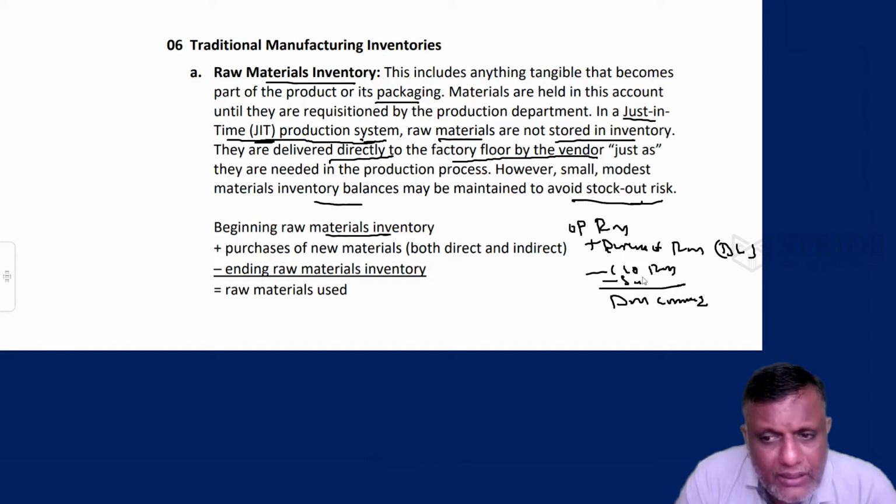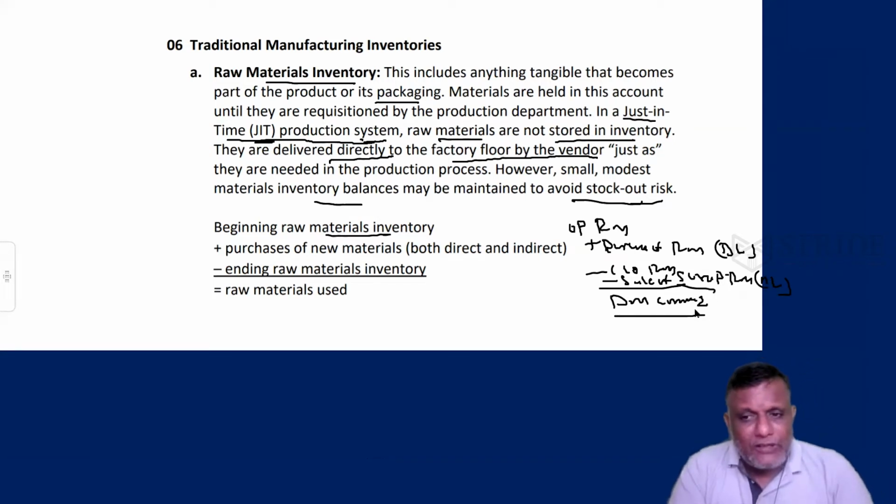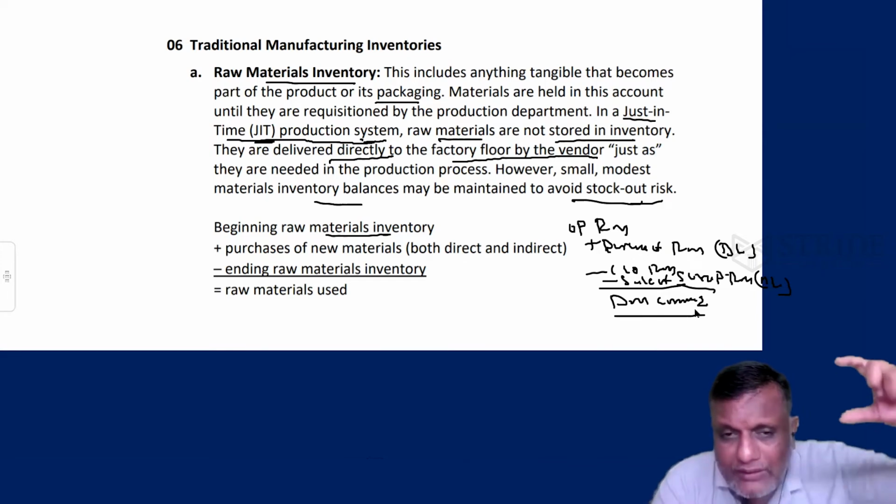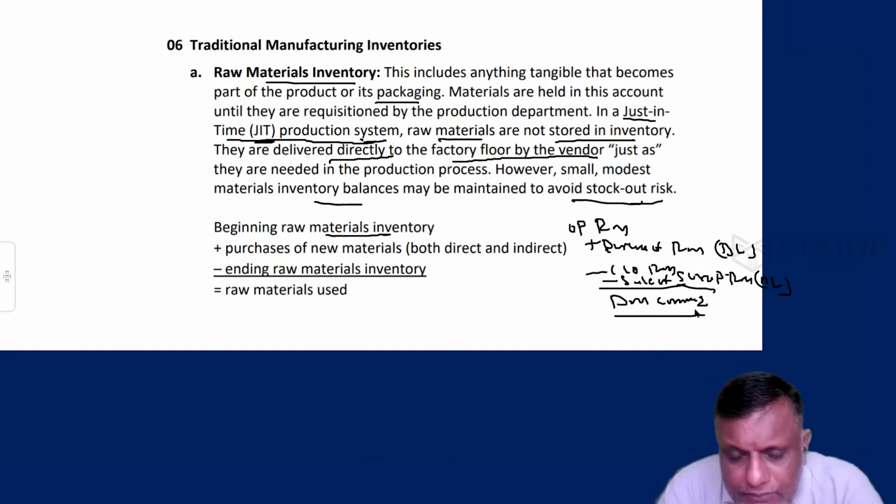I told you, minus sale of scrap of raw material also. If there is any sale of scrap of raw material, normal loss available, that is to be subtracted. Opening raw material plus purchase minus closing minus sale of scrap is equal to direct material consumed. RM consumed. I told you the first portion, RM consumed.